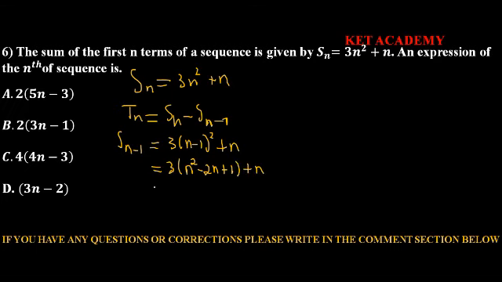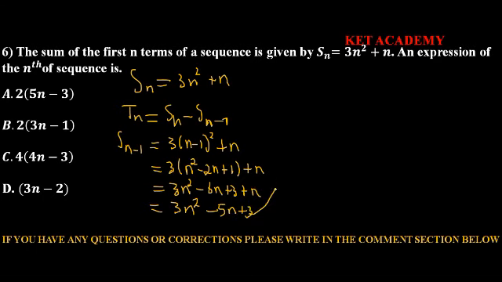So if we continue with our simplification, we are going to get 3n squared minus 6n plus 3 plus n. So if we further simplify, we are going to get 3n squared, now minus 6n plus n will give us minus 5n plus 3.